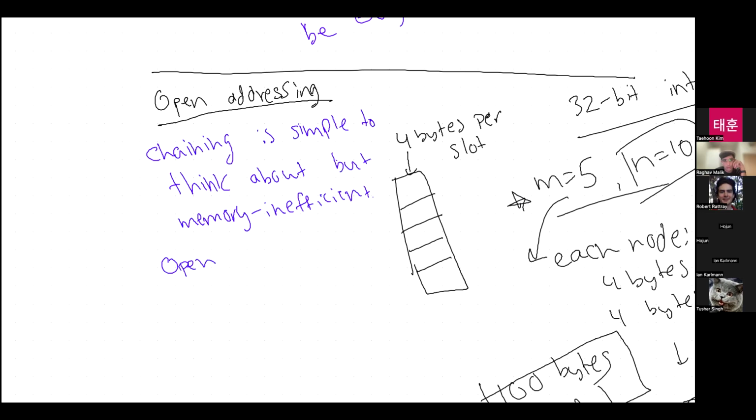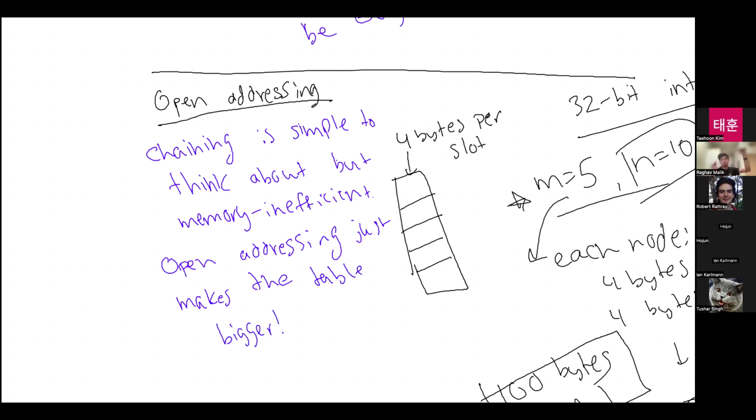Open addressing just makes the table bigger, right? If I'm going to be using 100 bytes, I would rather use those 100 bytes to have a 25 slot table instead of a 5 slot table, and then a whole bunch of heap memory for linked lists, and a whole bunch of pointers to manage, a whole bunch of dereferences to do, cache misses, all of this other nonsense, right?